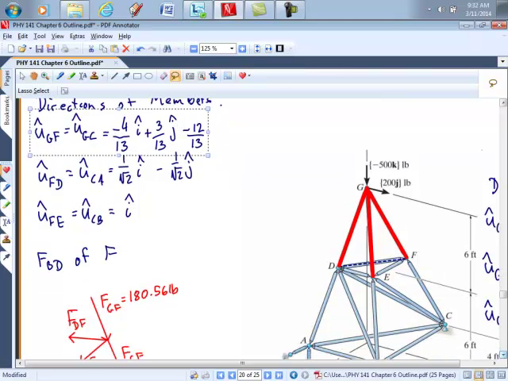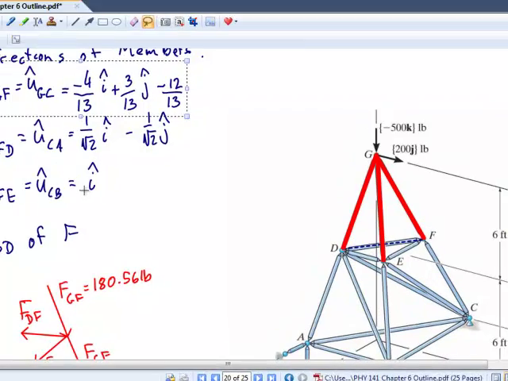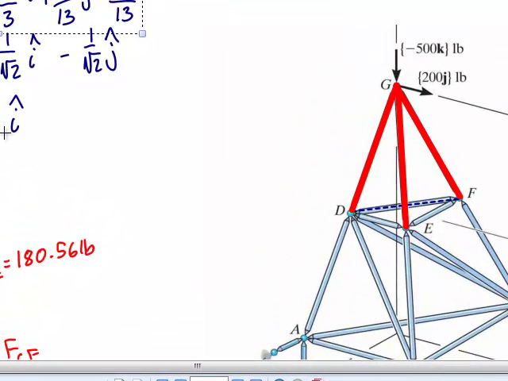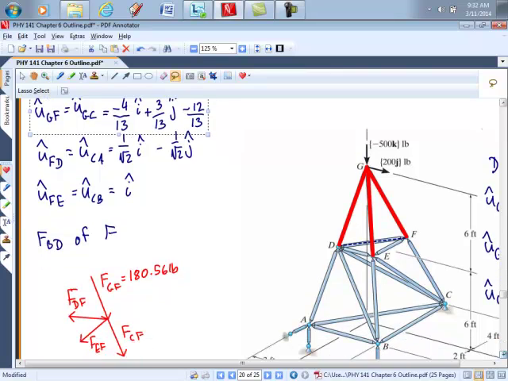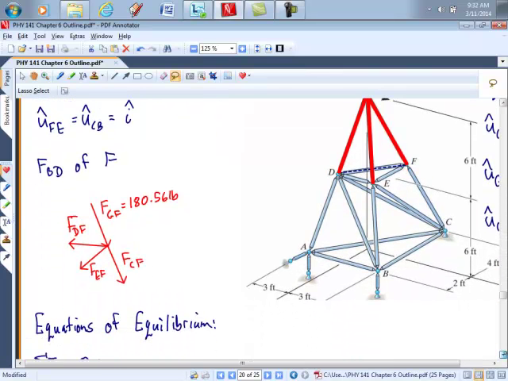Okay, so x components, I've got 3 vectors. So my 3 unknowns, or sorry, 2 knowns and 1 unknown. Three unknowns and 1 known.